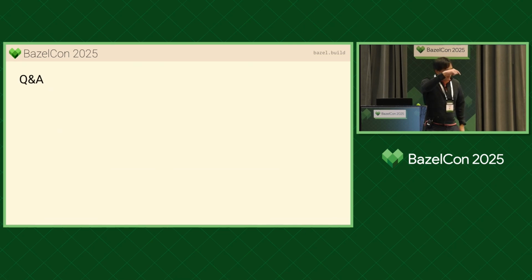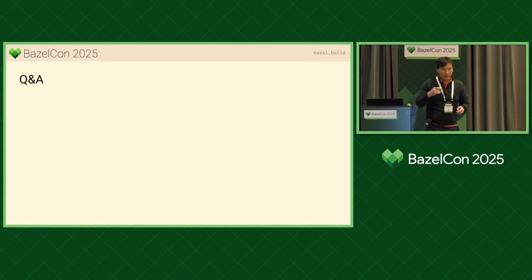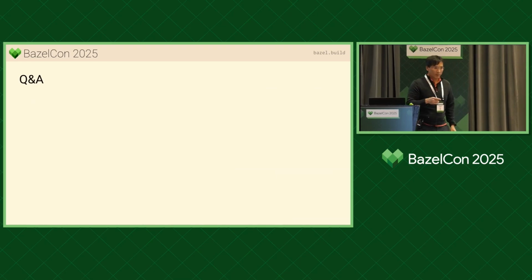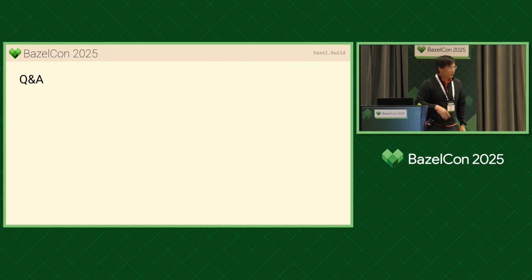But then there are sub-objects inside the Sky values, right? Stuff inside the transitive info providers, for example, that are serialized with indirection, for which there is no very natural key. Although it is a very interesting question, and one that we're thinking about. There's no current implementation.